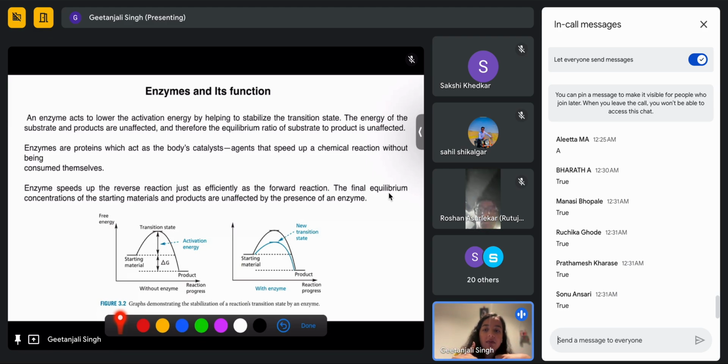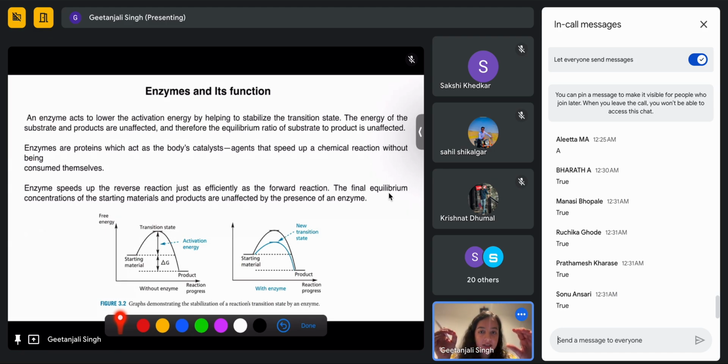Once the product is favored, the energy of the product will obviously be lower than the starting material. The difference between the energy of starting material and the product is delta G. The activation energy is the energy barrier they have to cross for the substrate to get converted into product. That is called activation energy.